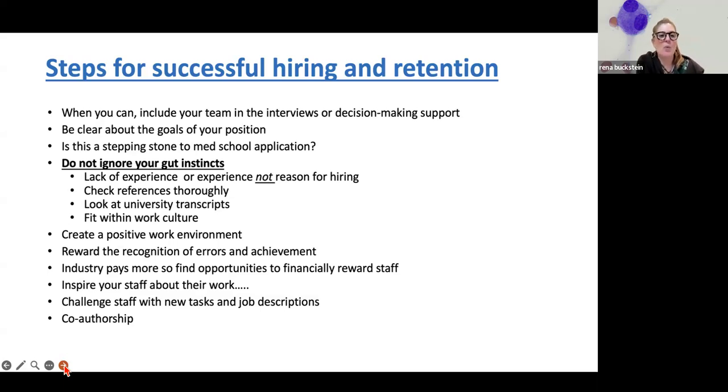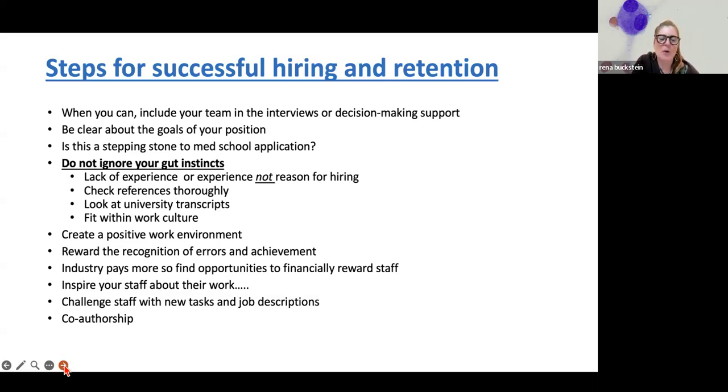And those are the qualities you want the most: attention to detail and hardworking. So if they get great grades, at a reputable university, and in tough courses, because many of these are people who have done bachelors of science, then that might be a good fit for you. And then again, fit within your work culture. And that's where it comes to checking your references and also including your team in the interviewing to see, do they like them? Do they seem like they're going to be a good fit?